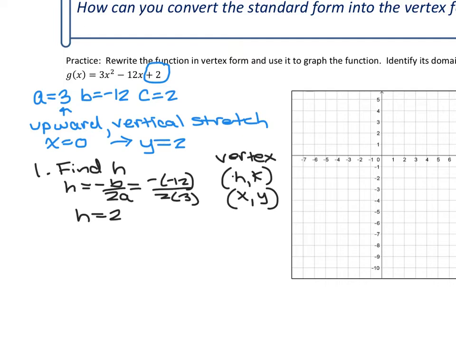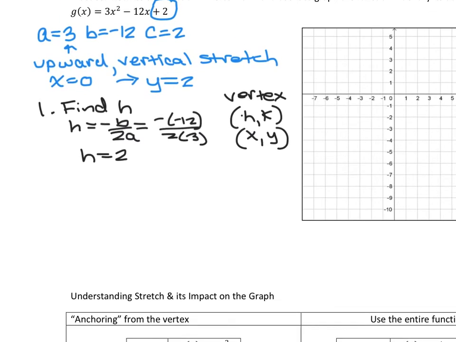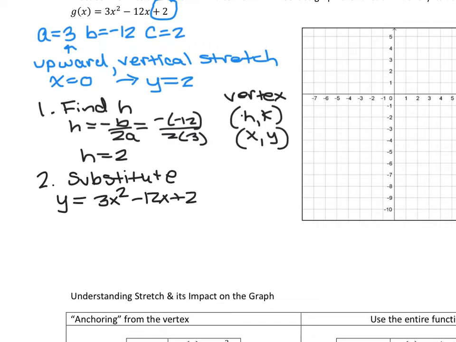All right, in the previous video, I said the easiest way to get k would be to just substitute that 2 into our function and figure out what the corresponding output, or y value, will be. So I've got y equals 3x squared minus 12x plus 2. I'm going to substitute in my positive 2 here for x and figure out what the corresponding y is.